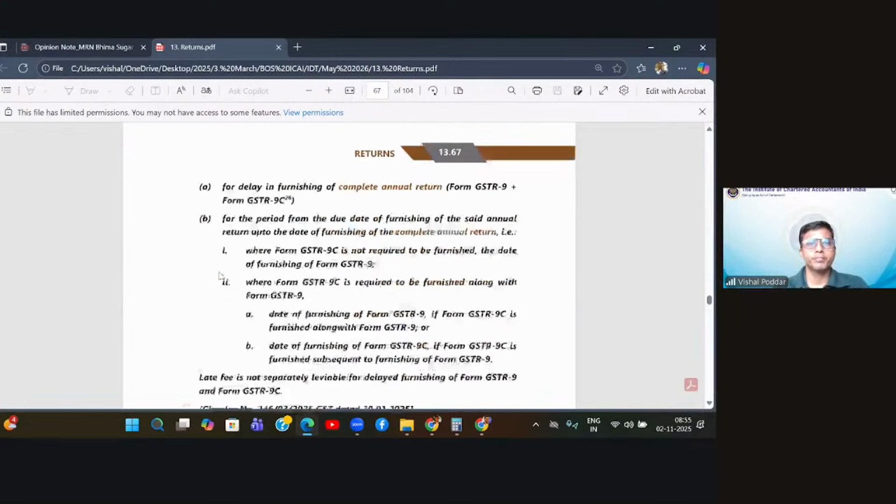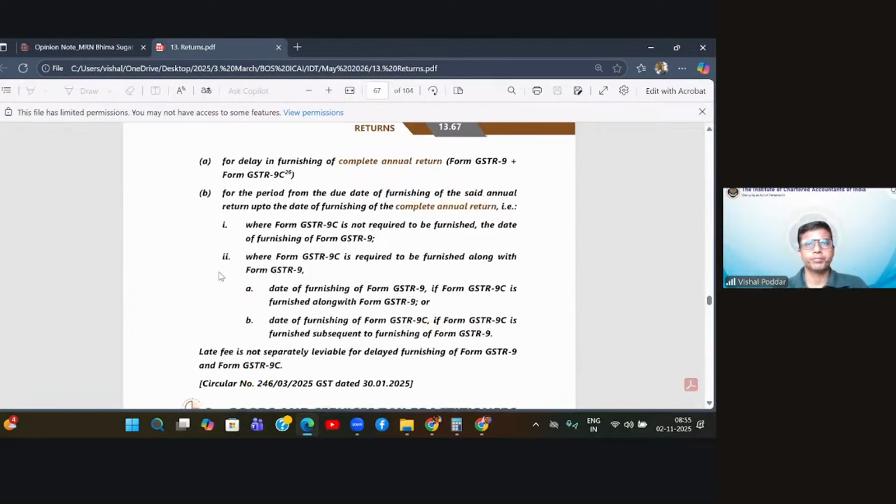For 9C, read. A delay in furnishing of complete annual return, Form GSTR 9 plus Form GSTR 9C, for the period from the due date of furnishing of the said annual return up to the date of furnishing of the complete annual return. That is, where Form GSTR 9C is not required to be furnished, the date of furnishing of Form GSTR 9.